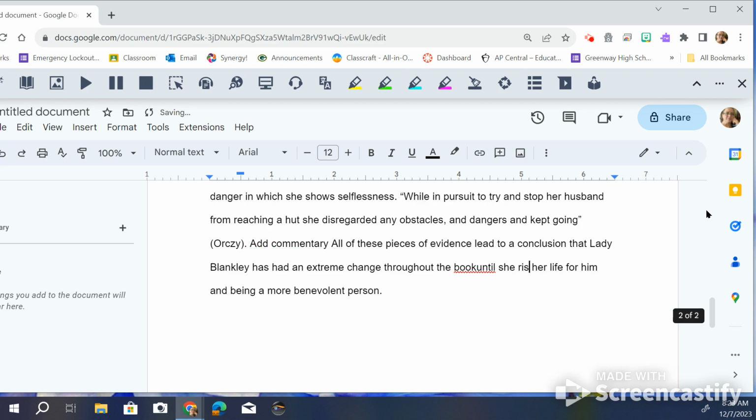Until she risks her life for Percy. And becomes a more benevolent person.